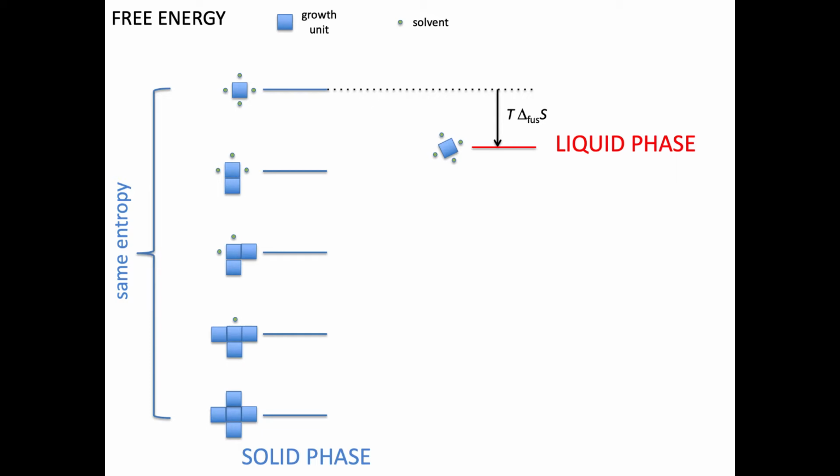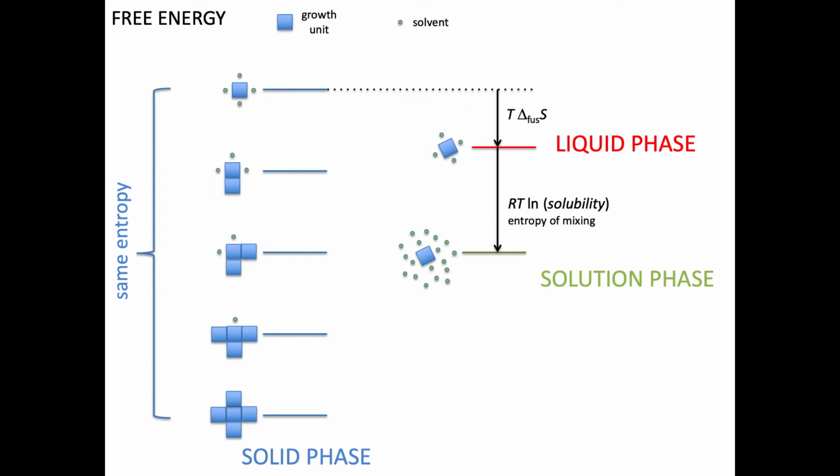Now that we've got the liquid phase, we can now add more solvent to make the solution phase. There'll be very small enthalpy differences, so if we ignore those and we just consider the entropy differences, then we have an entropy of mixing, which would be RT log of the solubility. That could also be an entropy of dilution. So on the solid side, the most important site is the kink site here in the middle.